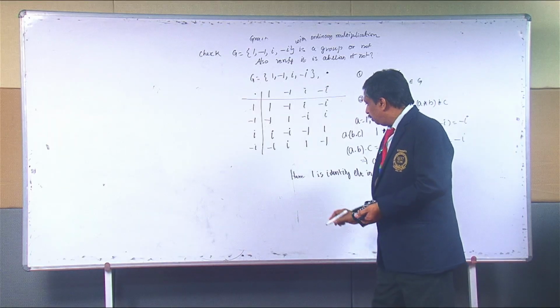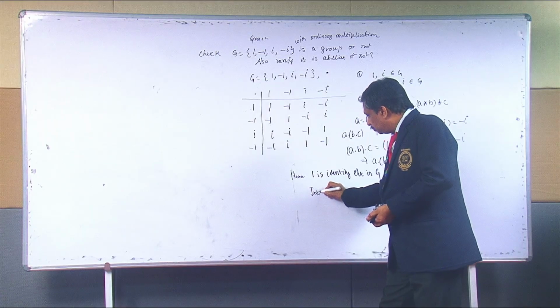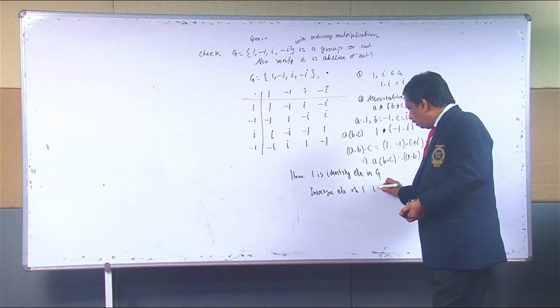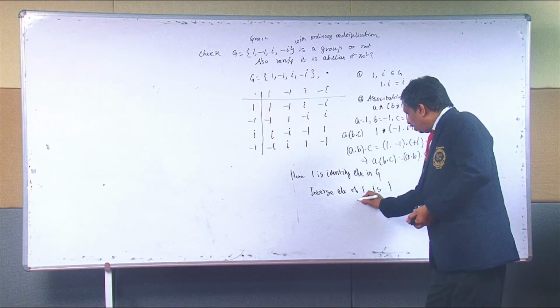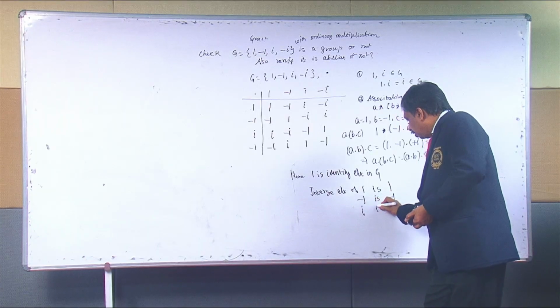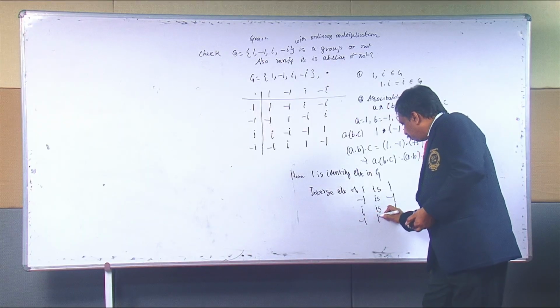What is the inverse element? The inverse element of 1 is 1, the inverse element of -1 is -1, the inverse element of i is -i, and of -i is i.